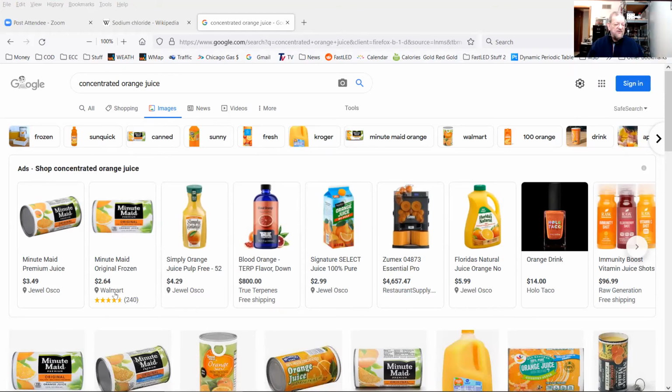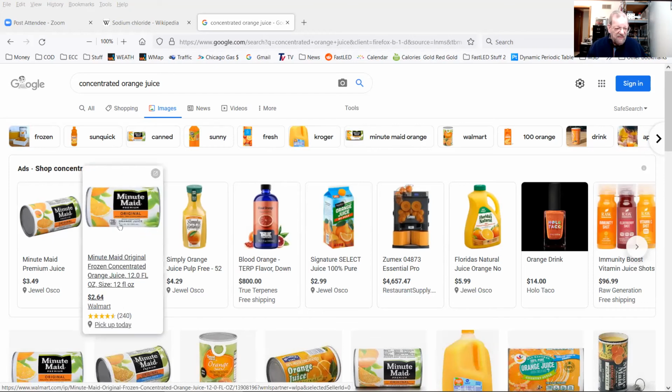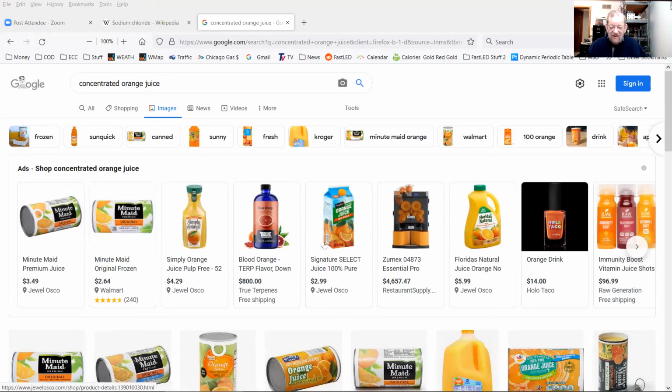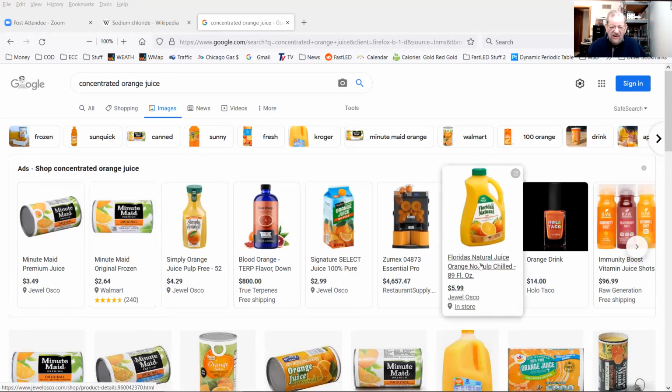And what this means is there's a large amount of concentrated orange juice, or the chemicals that make up the taste and other aspects of orange juice. Orange juice has water in it. Nowadays, I'm not a big orange juice person. You buy it regular, where it still has the water in it.